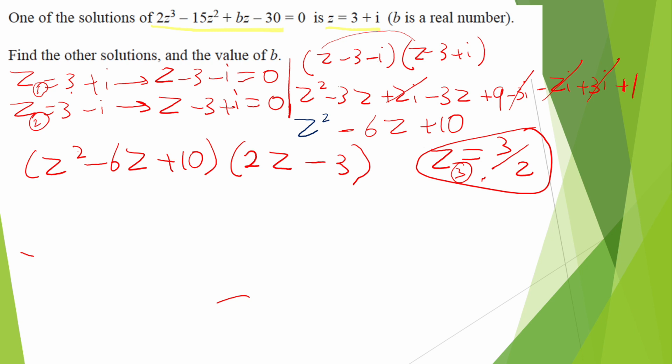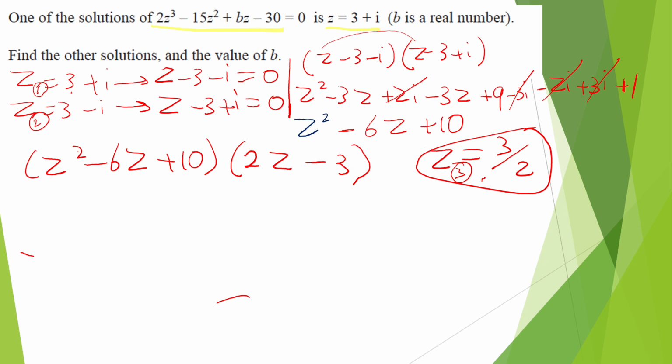Now you have two ways to go about this. You either expand and compare, and then you will find the p, or you will do the long division. I'm not going to do the expanding because you all know how to expand, and I'm not going to do the long division. You will have to expand and compare, or you can substitute.